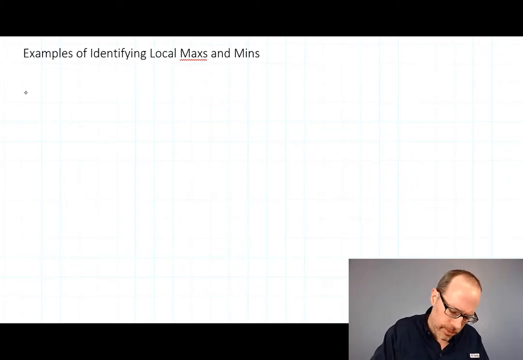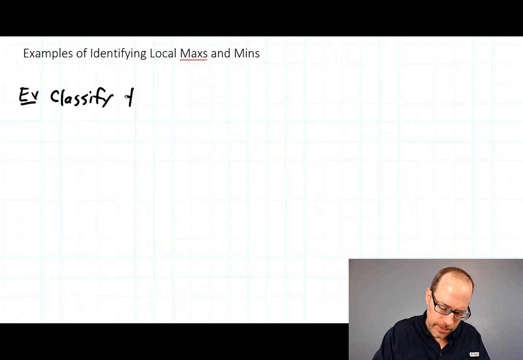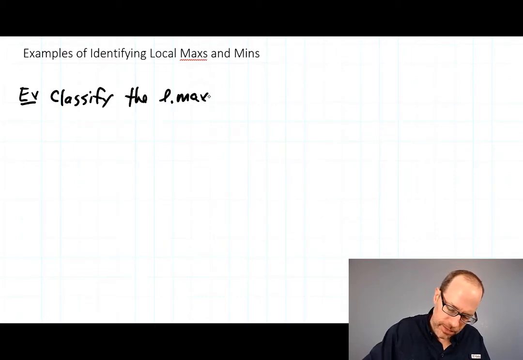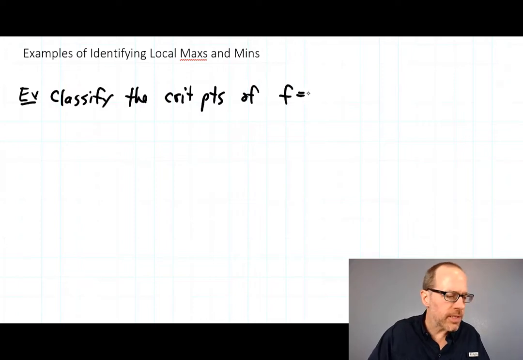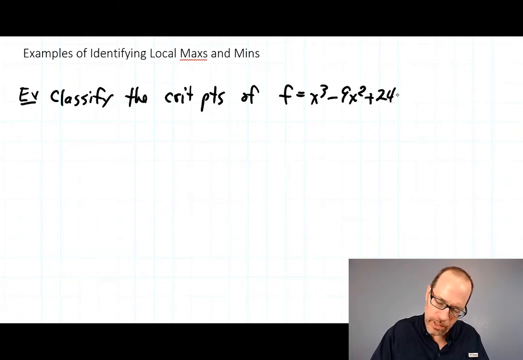So, let's classify the critical points of the function f that we looked at earlier, which was x cubed minus 9x squared plus 24x minus 10.